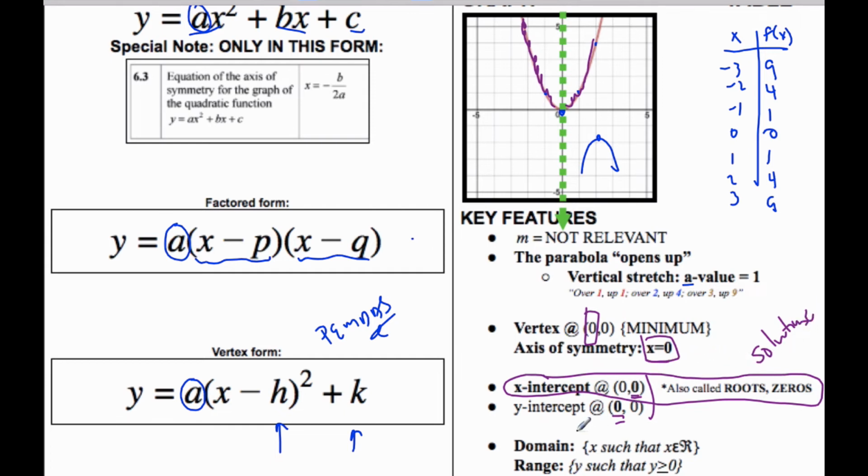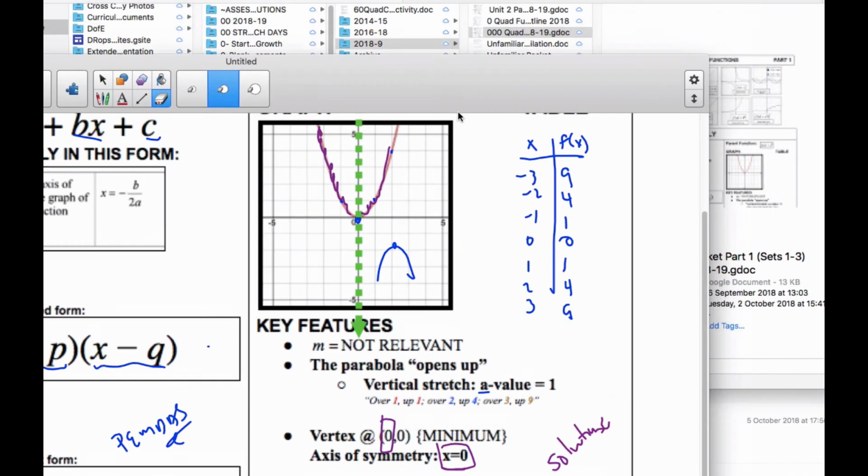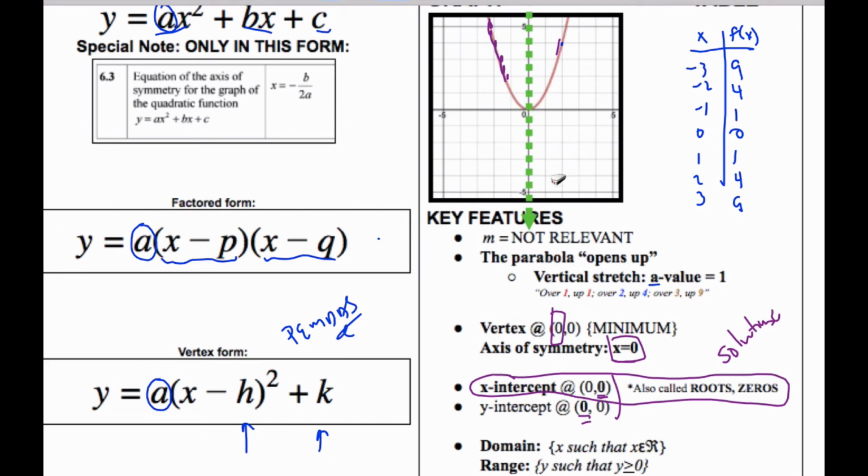And then the last thing we'll talk about is the domain and the range. Let me just clean up this graph a little bit first. If I take a vertical line, and I move it from left to right or right to left, if it touches the graph, then it is part of the domain.